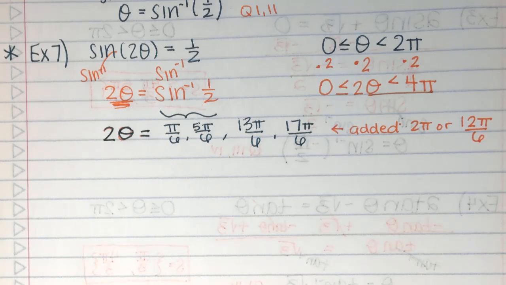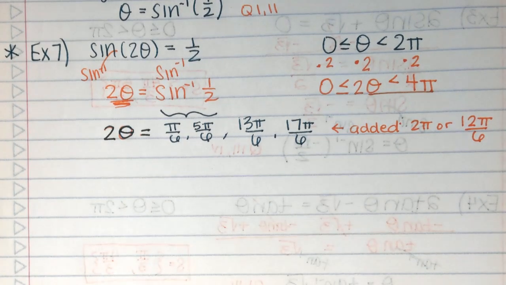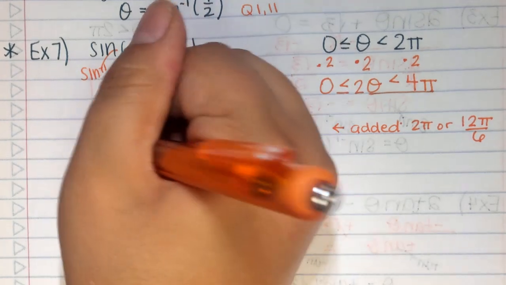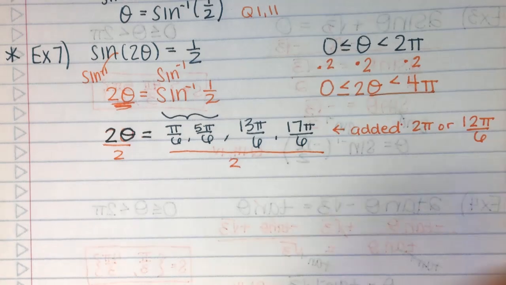Does that make sense why we got so many? Because I had to double my interval because my theta is doubled. Question. Is theta by itself? How do we get theta by itself? We are going to have to divide all of these by 2.